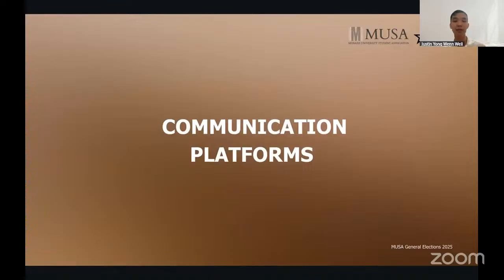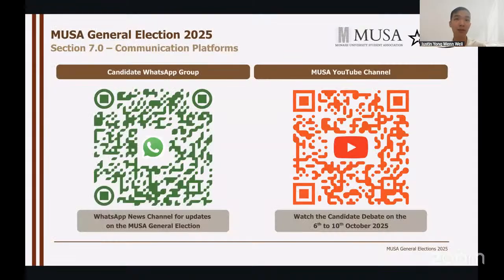In terms of communication channels for this upcoming elections process, for candidates, here is the candidate WhatsApp group where further updates regarding the MUSA general election will be shared. For those of you who may not be interested in running but want to follow the elections, there's going to be a debate on the 6th to 10th of October, and we'll be live streaming it on the MUSA YouTube channel.